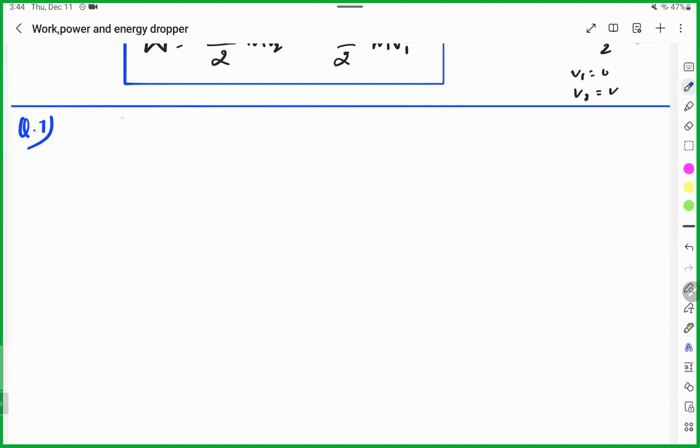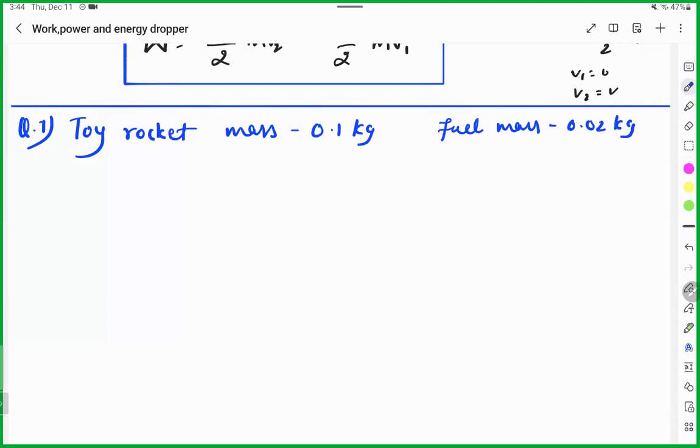A toy rocket has mass 0.1 kg and has a small fuel mass of 0.02 kg, which it burns, and this fuel mass burns out in 3 seconds.